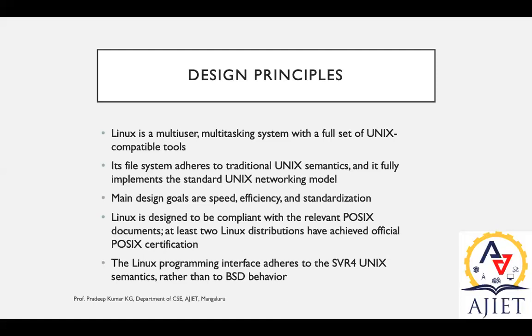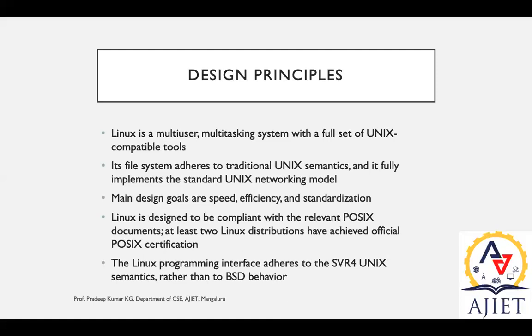And the second principle is the file system mechanism. It should adhere to the traditional Unix semantics, and it should fully implement the standard Unix networking model. This file system should follow traditional Unix semantics, rules and mechanisms, and it will implement a standard or default set as a Unix networking model.